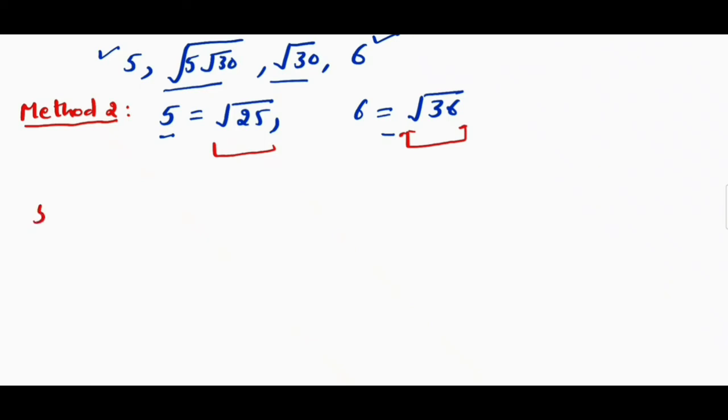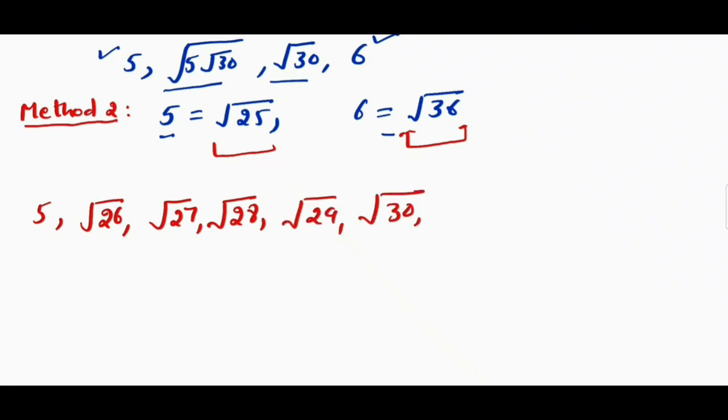Like I write 5 here and after that I will write square root of 26, square root of 27. So many numbers you can write till 36, meaning square root of 28, square root of 29, square root of 30 till 35 you can write.